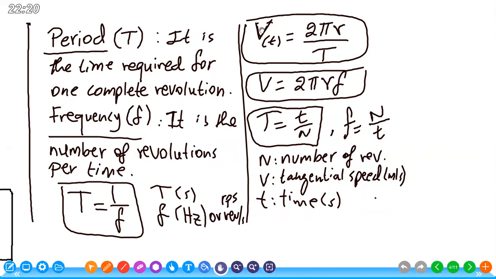So in this case, I can know the speed of the satellite, for example, if I know the distance from the satellite to the center of the planet, and if I know how long it takes to do one turn. Or if I know the speed, I can get how long it takes to make one turn.